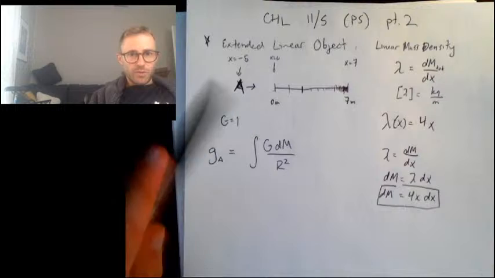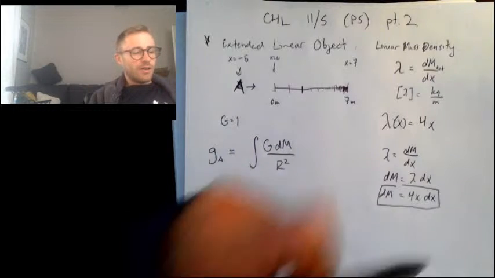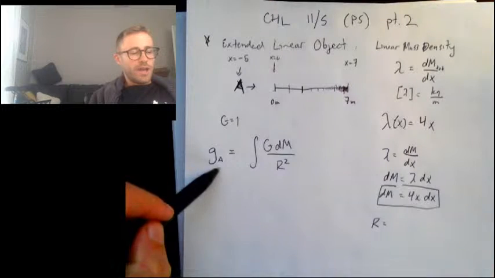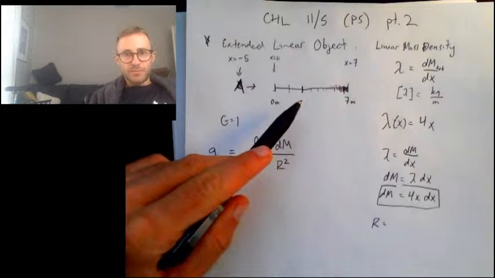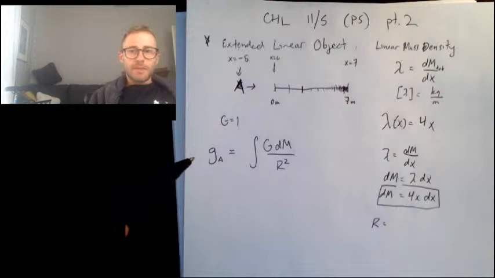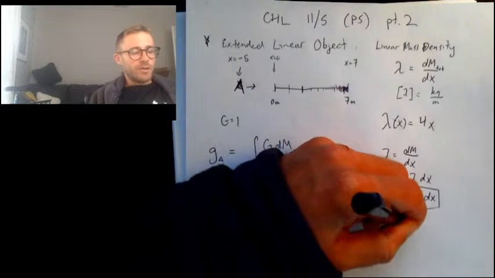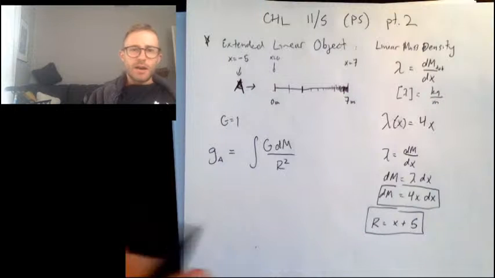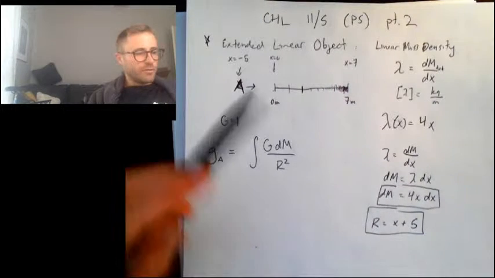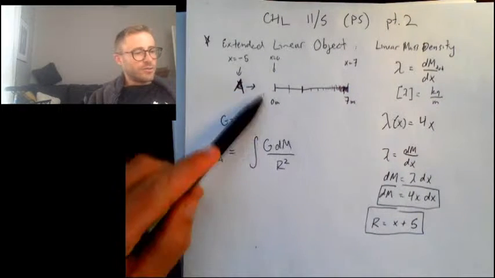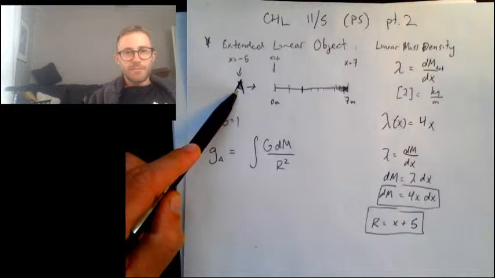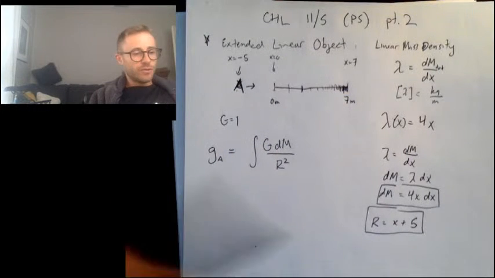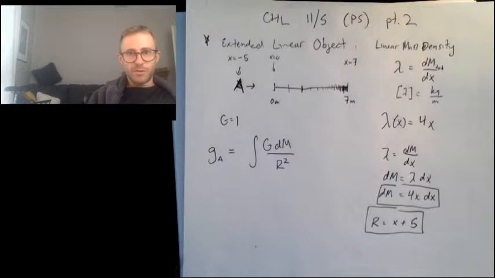So if you think about the pattern, r, the distance of point A from x, is going to be x plus 5. How do I know that? Because I just tried two values. I know x equals 0 is 5 meters away from A, and x equals 7 is 12 meters away from A. So this works at those 2 points, so it's got to work for all the points.